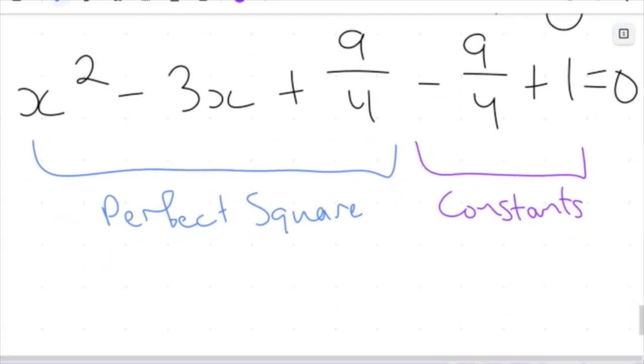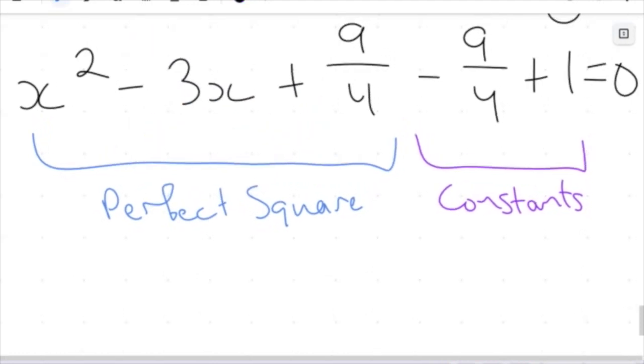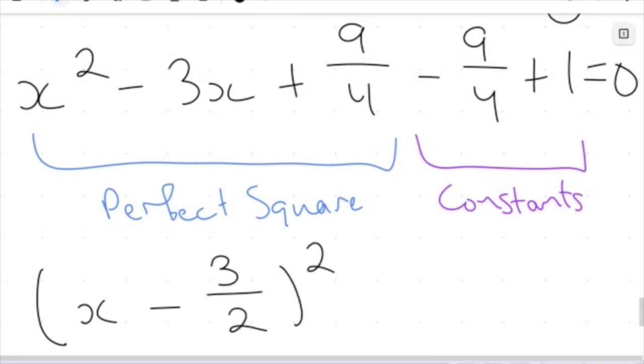Okay, so my perfect square, feel free to pause and do this with PSF, but I think we've done this exact example in the previous video. So I'm just going to go through and factorize this now. That gives me x minus 3 over 2 all squared. And here I have negative 9 on 4 plus 1. That gives me negative 5 on 4. And that equals 0.